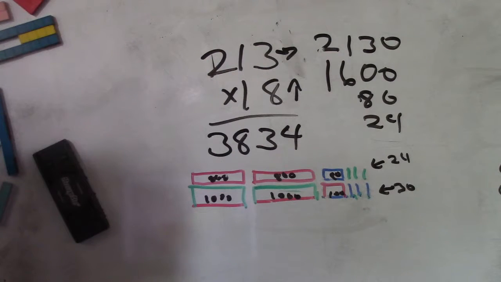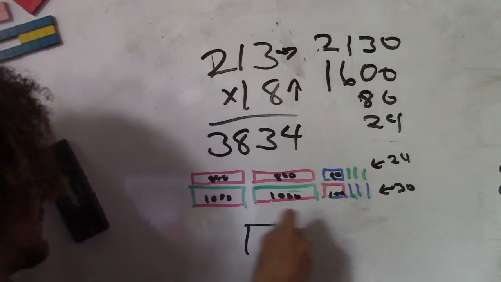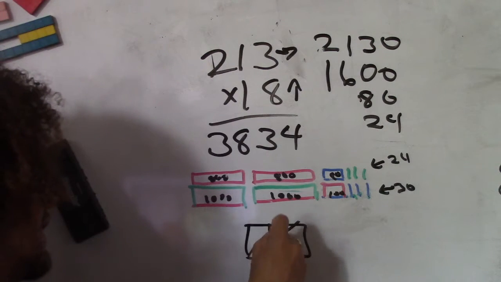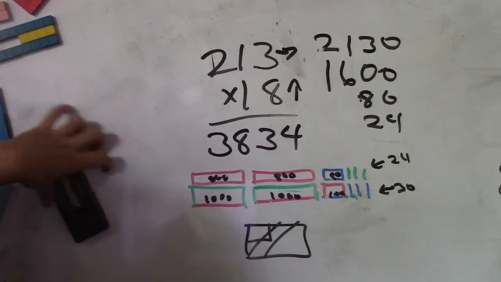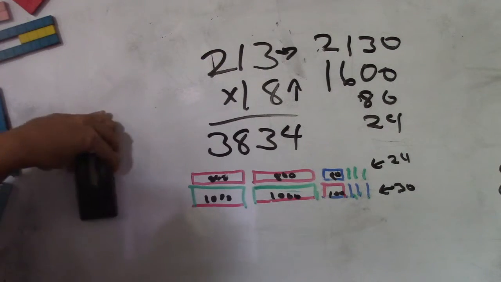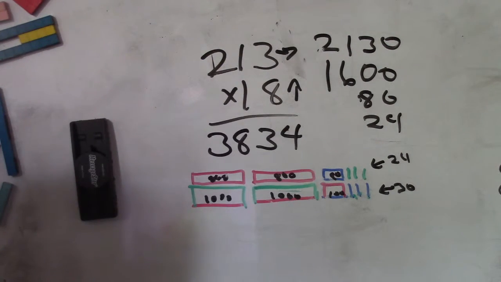See, that other way of doing it, I'm telling you, it's confusing. He's trying to do this thing. Show me your work. That's why you're getting confused.